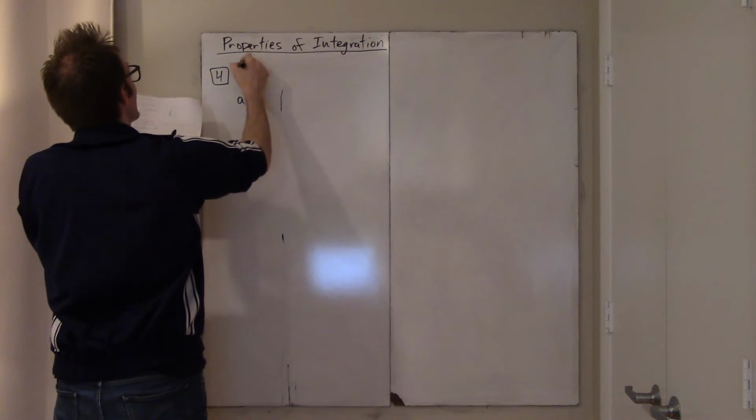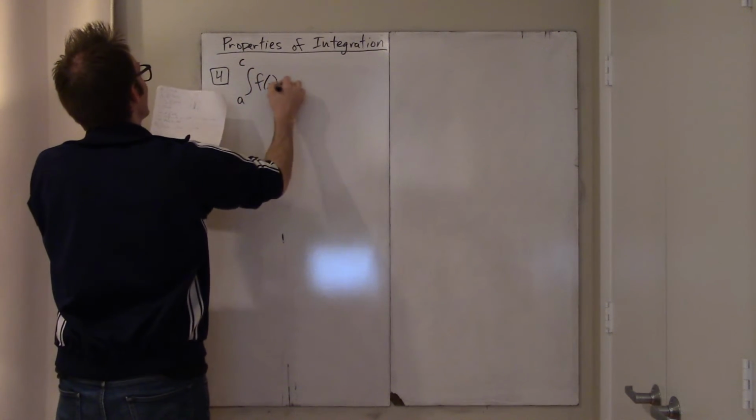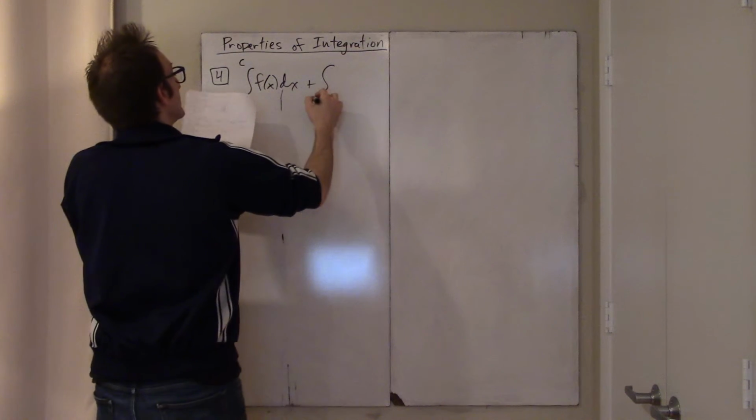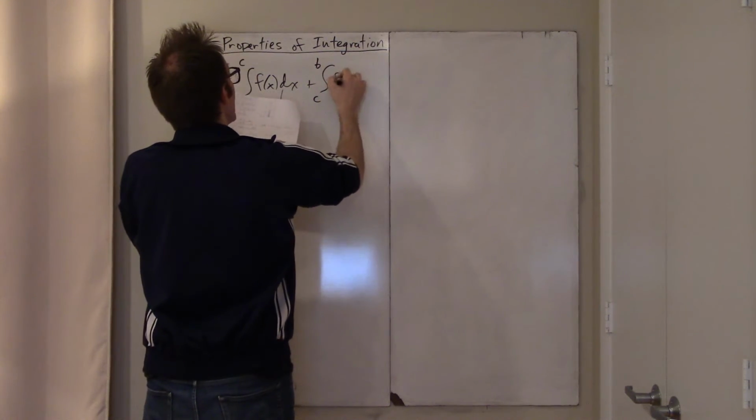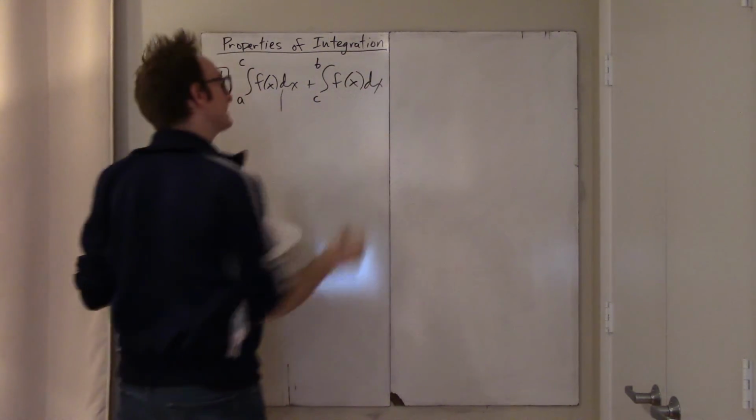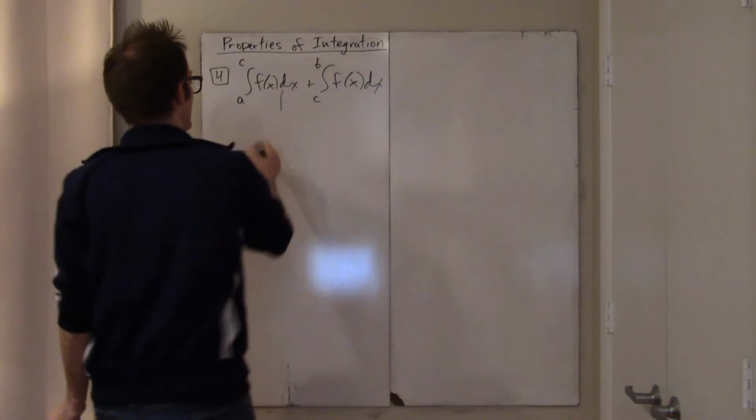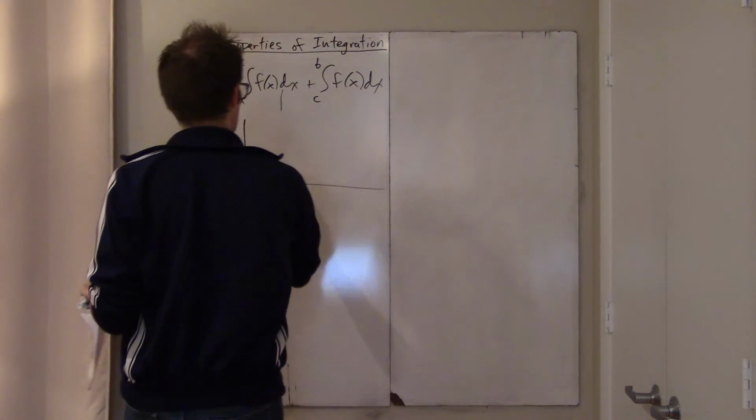So the integral from a to c of f plus the integral from c to b of f. What is this? Well, if you make a picture of this, it's just very clear.